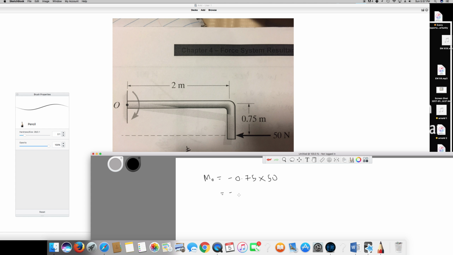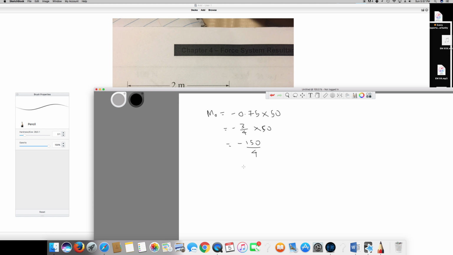I can write 0.75 as 3 over 4 times 50, which is negative 150 over 4, which gives me negative 37.5 Newton meter. 37.5 Newton meter clockwise, or I can write 37.5 and put the arrow clockwise. So this is our final answer.